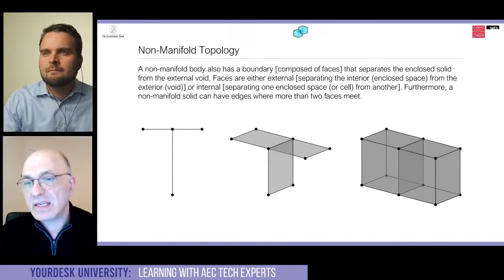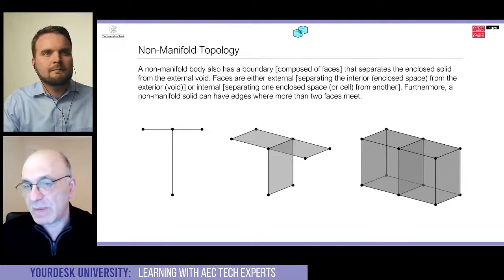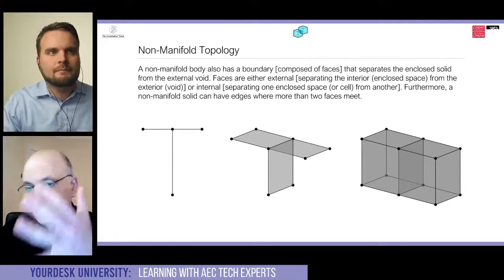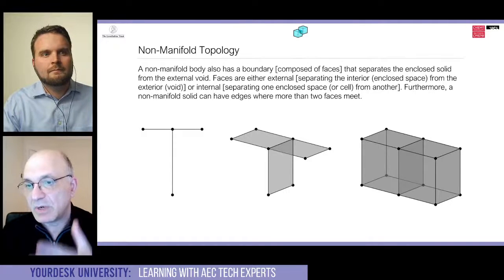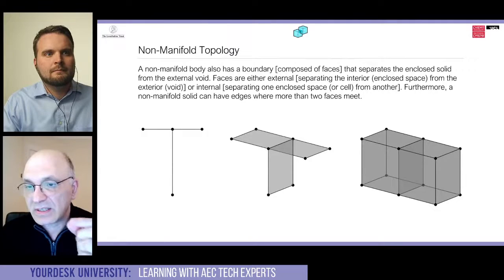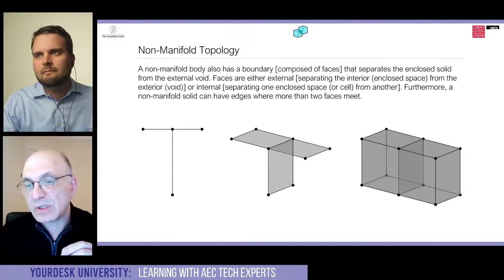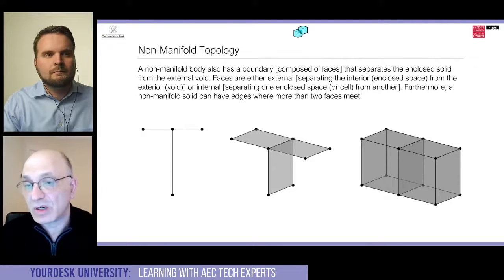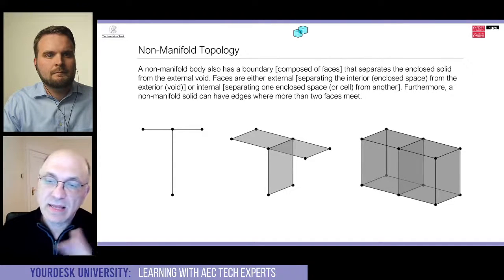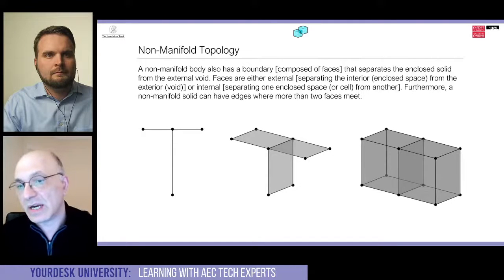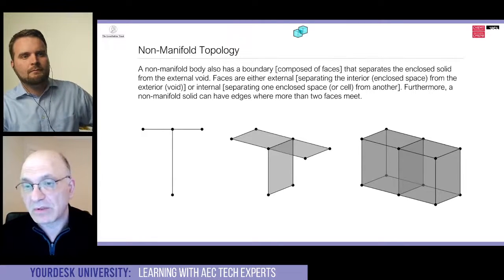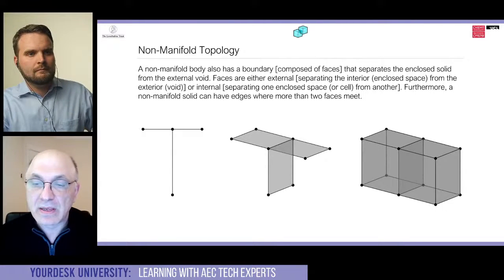If you take a look at these objects here, and imagine a point sitting on one of the lines, if we look at the one on the right, the one that divides the prism into 2 cells, just imagine a point sitting on that line on top. That point is dividing the world. It sits between 3 worlds, the void outside, and then the cell on the left, and then the cell on the right. So all of a sudden, you have points that are non-manifold. They are 3-manifold in this case.